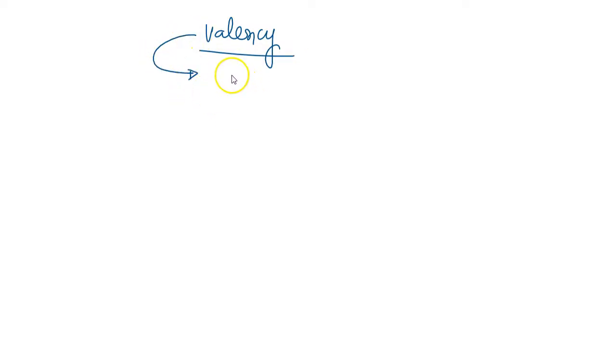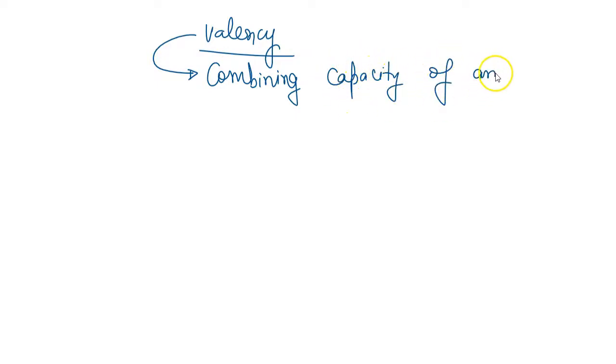If you look at the definition, it says valency is the combining capacity of an element. Now what does this mean? If we have an element and it has to combine with another element, then how many atoms of this element will combine with that is determined by knowing its valency.